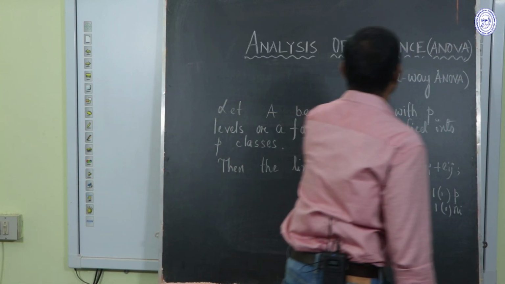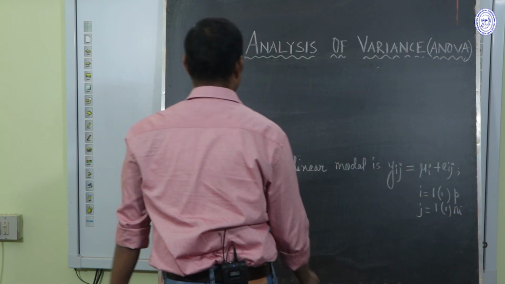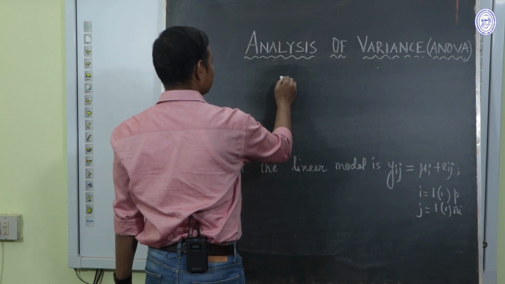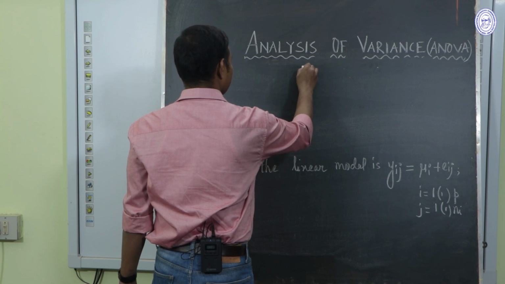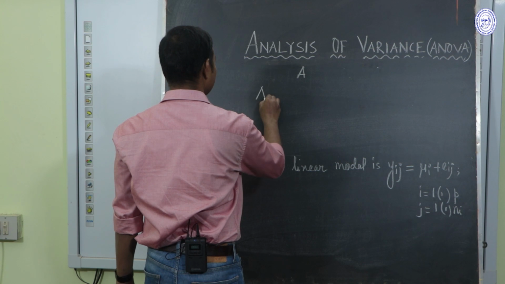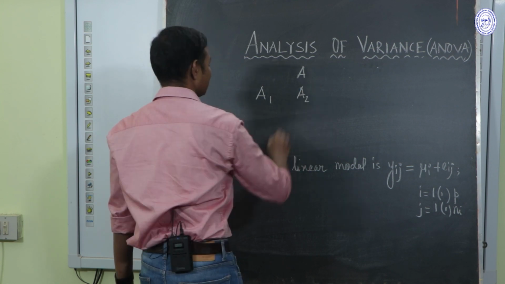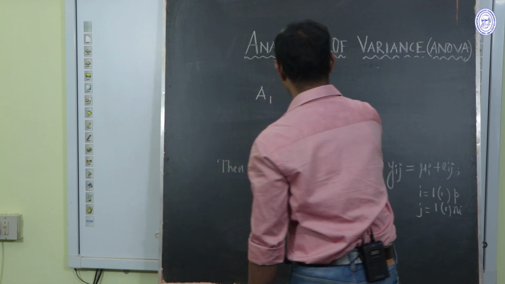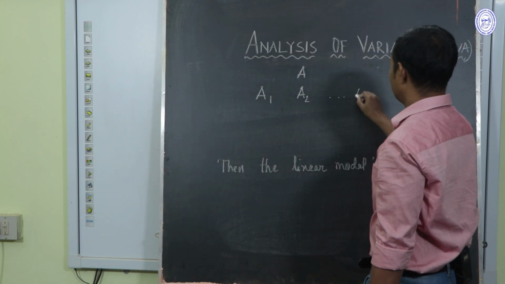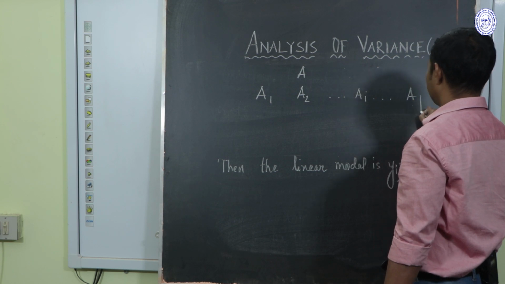That is, A is a factor classified into p classes A1, A2, dot dot dot Ai dot dot dot Ap.